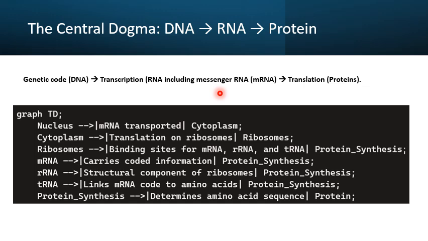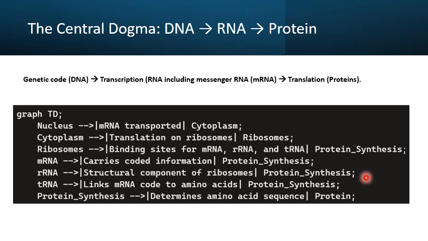This information is carried by messenger mRNA, which is transported from the nucleus to the cytoplasm, where the RNA sequence is decoded, translated, and determines the sequence of amino acids. The other types of RNA that you need to know: the ribosomes themselves are comprised of proteins and rRNA, ribosomal RNA, which are structural components of the ribosome responsible for protein synthesis.